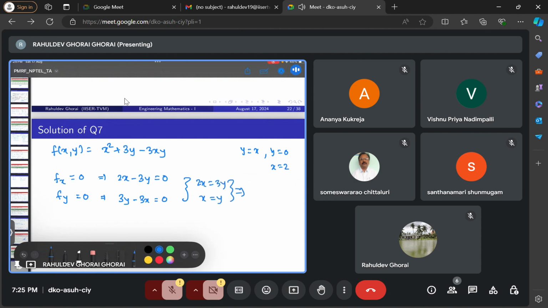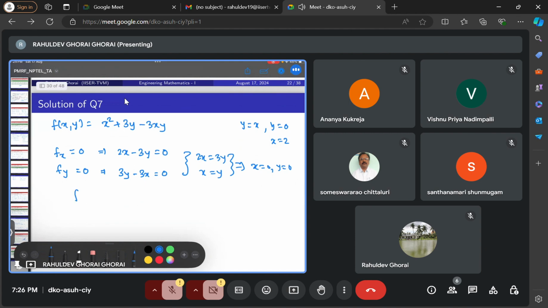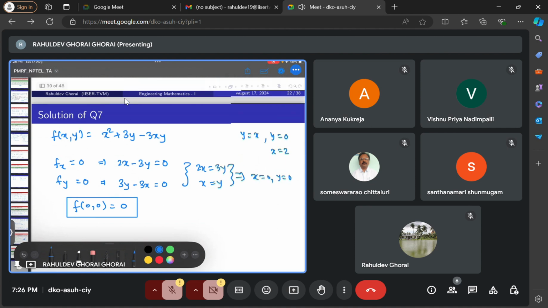That implies x equal to y, so x equal to 0, y equal to 0. The only solution is (0,0), so f at (0,0) is 0. That we keep in mind, since it is the only critical point.